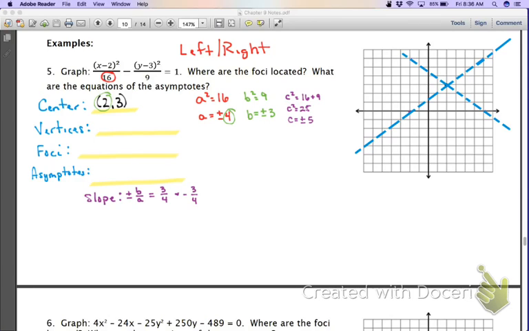What's 2 plus 4 and what's 2 minus 4? 6, 3 and negative 2, 3. So then there's 2, 3, 4, 5, 6. I'll have a point here. And then negative 2.